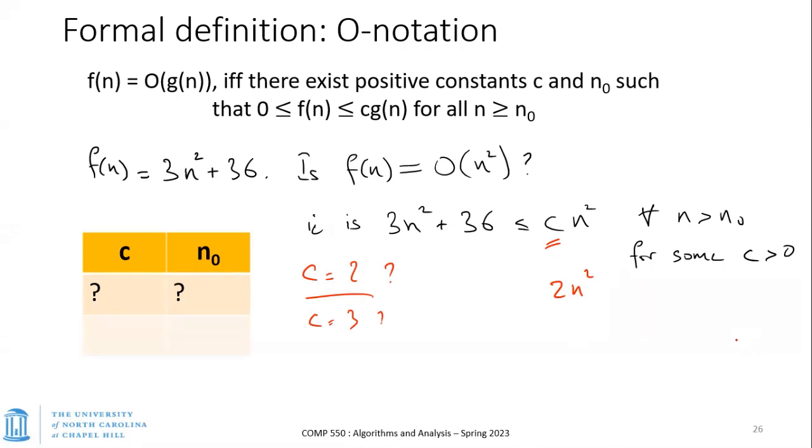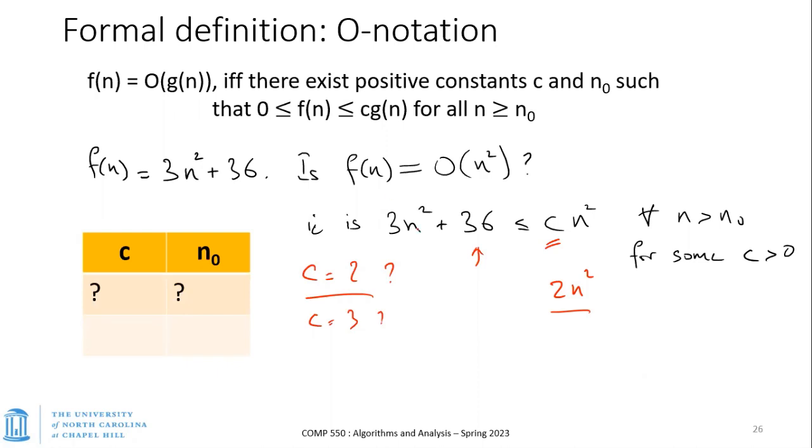So as n becomes larger and larger, clearly 2n squared is at some point, even though you could pick a really large value, you could change this, but at some point, 2n squared is never going to be greater than 3n squared as n becomes larger and larger.